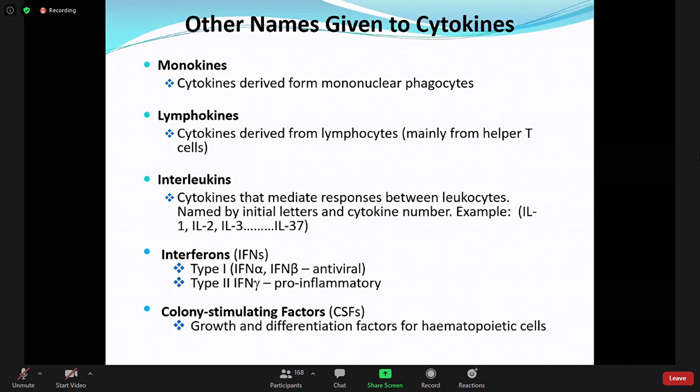But when they took this fluid and added it to cultures of virus-infected cells, they found that this fluid inhibited or interfered with the growth of the virus. This generated a lot of excitement because we thought we had the equivalent of an antibiotic for viruses. And this is why they're called interferons.